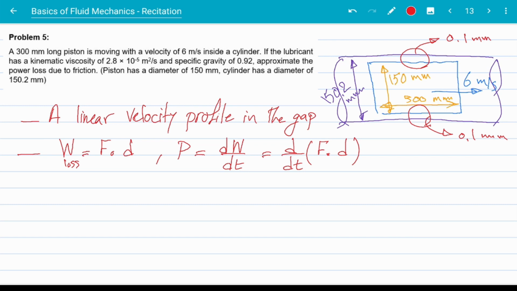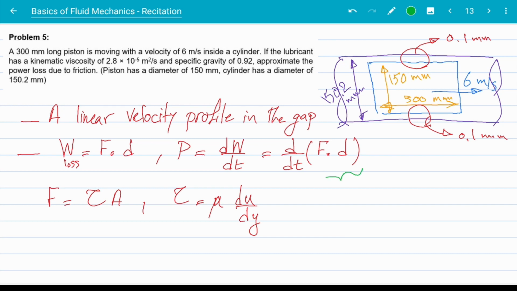Now, what is F here? Just like the previous problem, F here represents the friction force or the viscous force due to the lubricant, to the fluid. So I can actually say F is the shear stress applied on the piston times the surface area of the piston. Also, tau is mu du over dy, right? Now, as you can see, tau, the shear stress, is not a function of time. And so F is not a function of time.